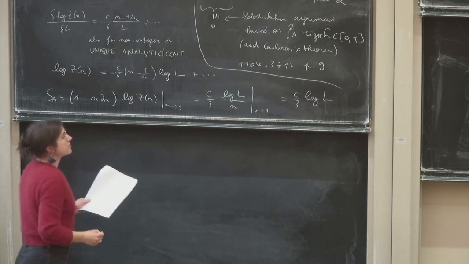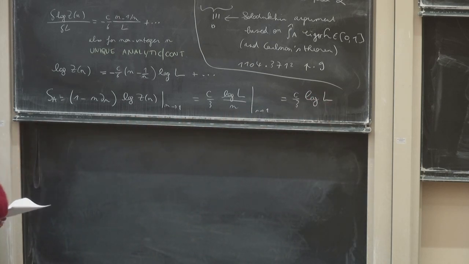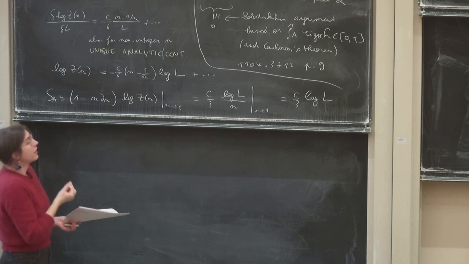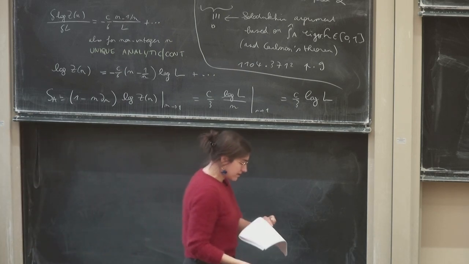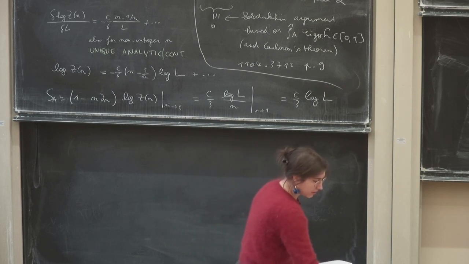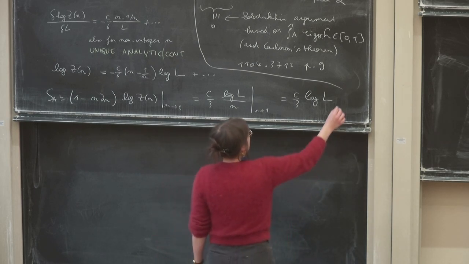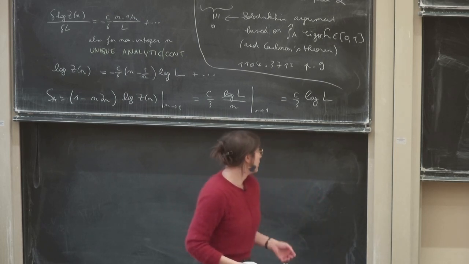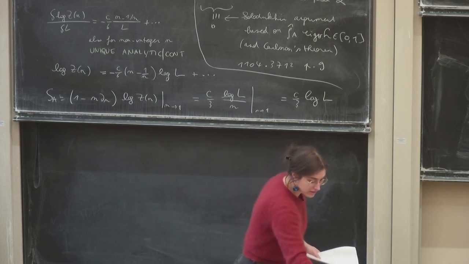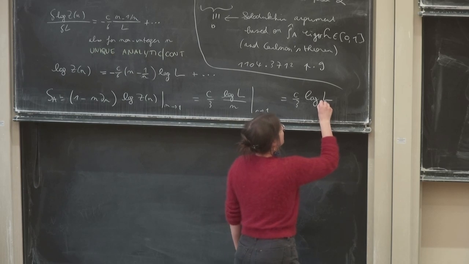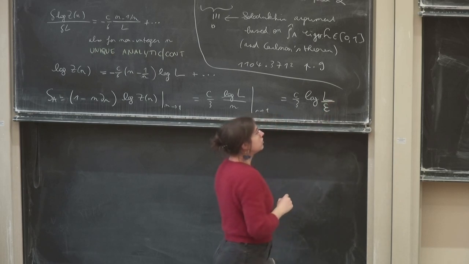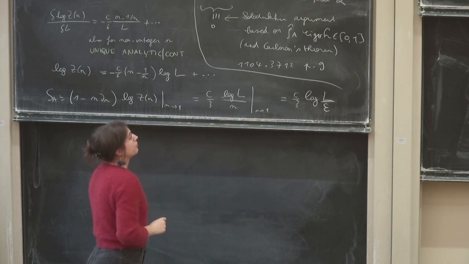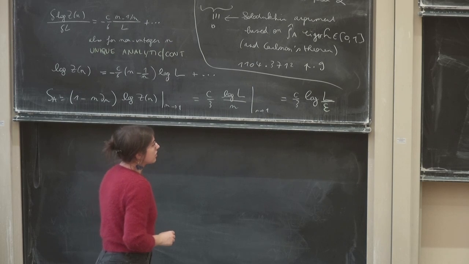And we find this final result that the entropy is given by c/3 log L. Log L doesn't make sense by itself because the length is a dimensionful number. So we have to adjust this to include some scale in your theory.